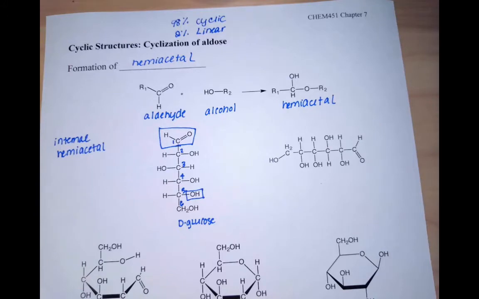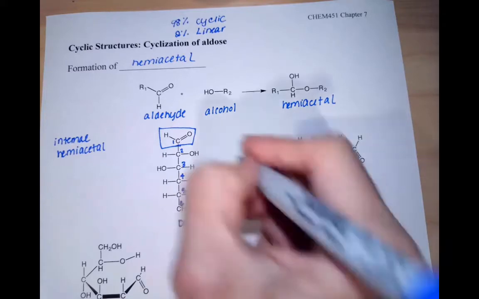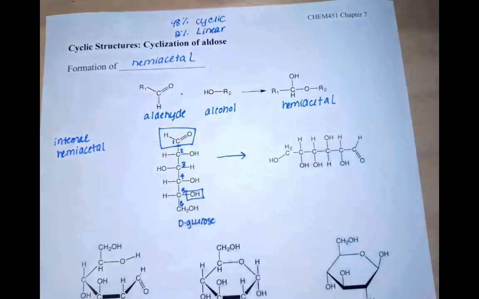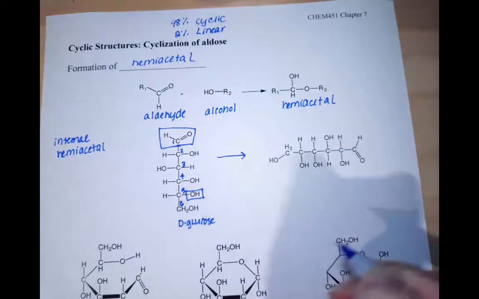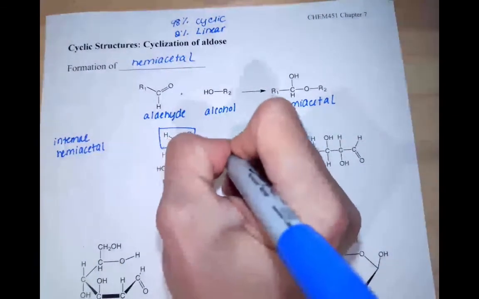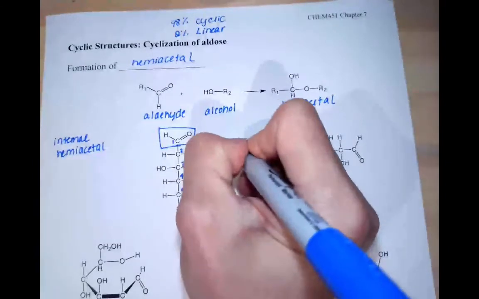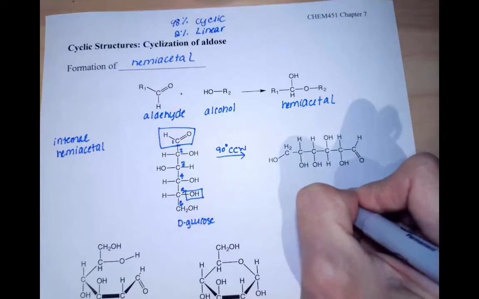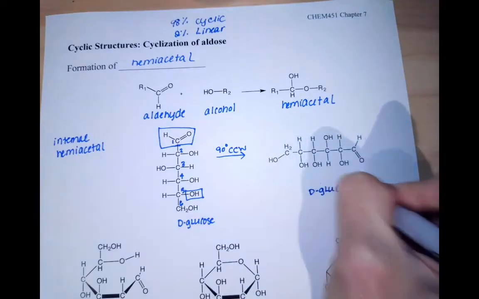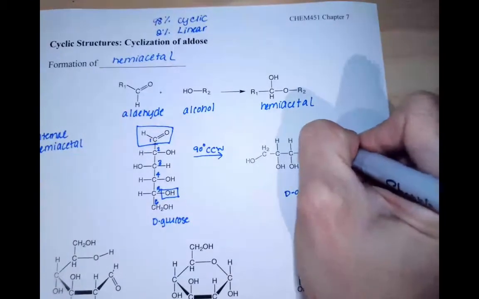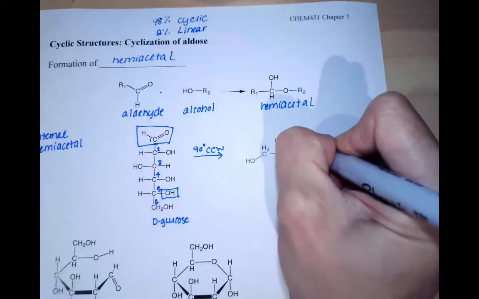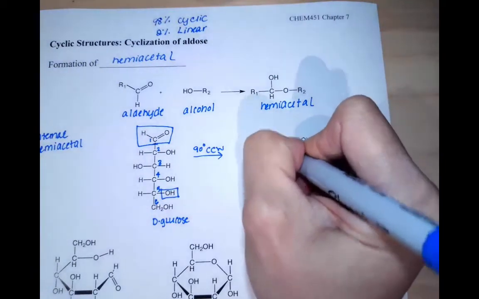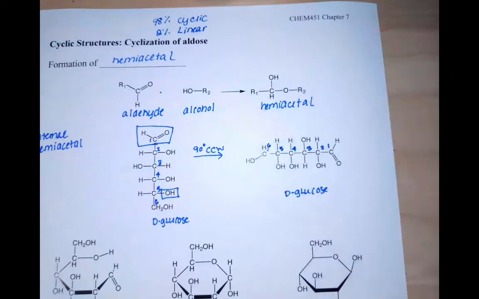To help you visualize what this is going to look like, let's imagine that we took D-glucose and we rotated it 90 degrees counterclockwise. So here's D-glucose again on its side. And here is carbon number 1, 2, 3, 4, 5, 6.